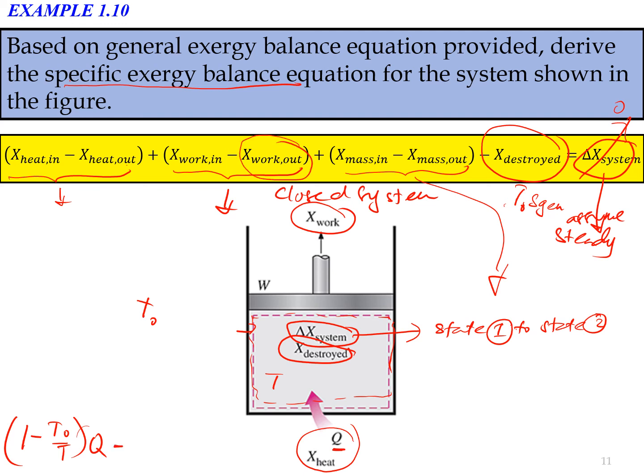So negative the boundary work, minus P naught (V2 minus V1), for example, if we say that this is state 1 and state 2. Because the boundary work needs to overcome the pressure of the surrounding. That's why we have this.